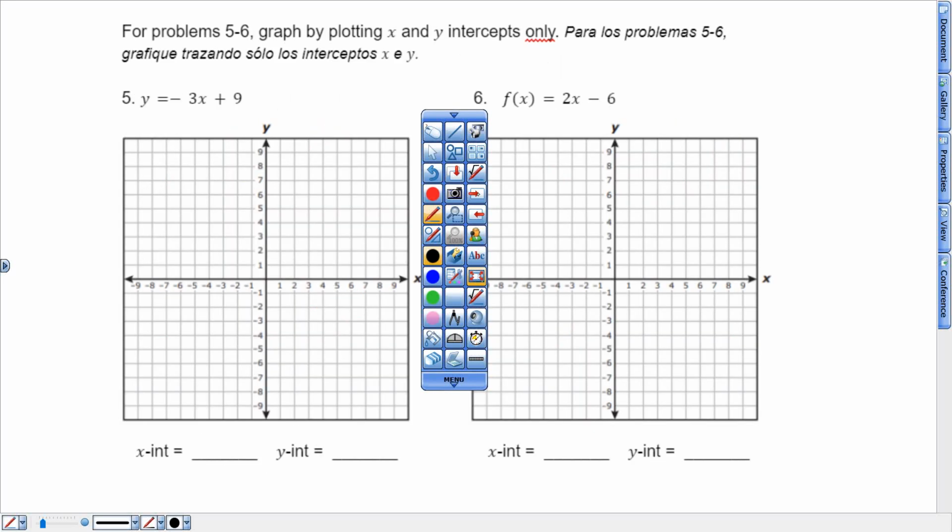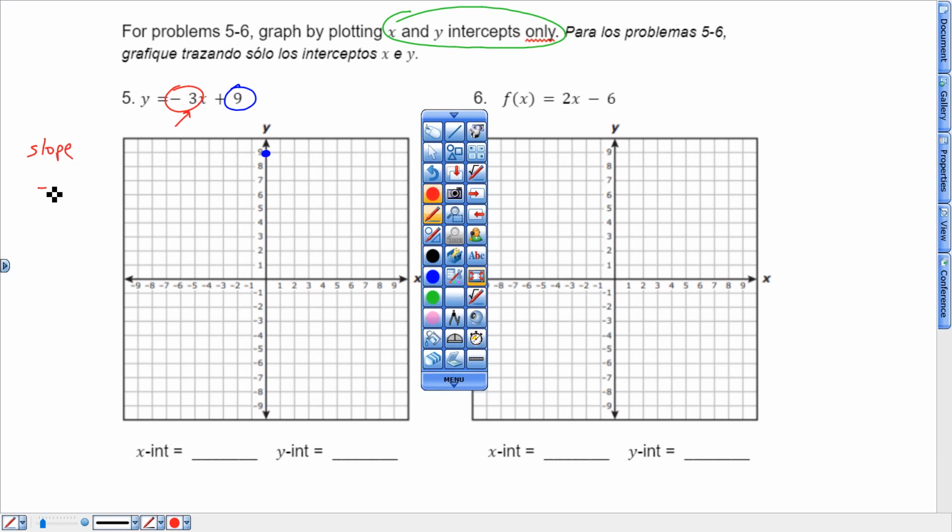Moving on, number 5. This one, graphing using x and y intercepts only. So for this one, my y-intercept is +9. That's my first number. And then I could use this number in front of x, this -3, and write it as a fraction. That's my slope.